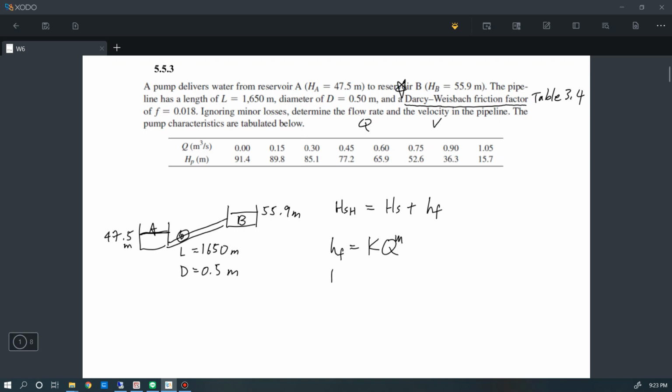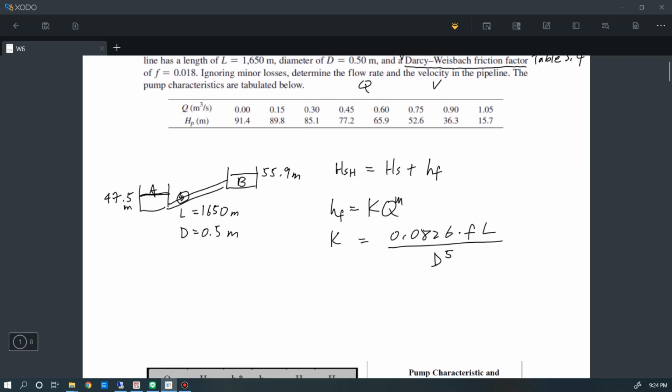And the K factor here is equal to 0.0826 times the factor f times L divided by the diameter of the pipeline. And this 0.0826 is for the English unit. Oh, no, for the SI unit. Sorry about that.